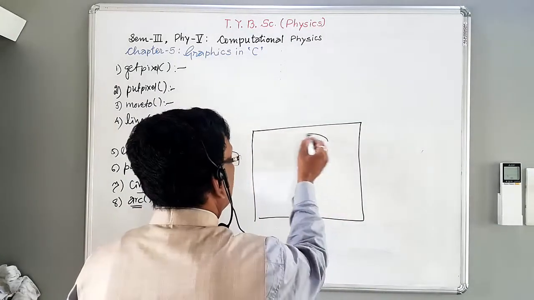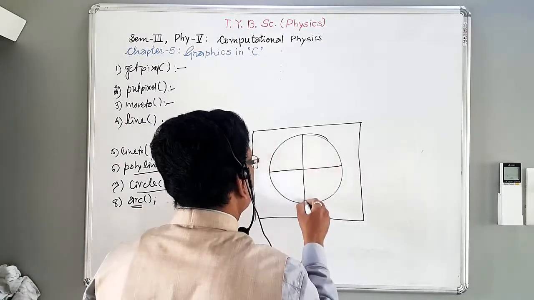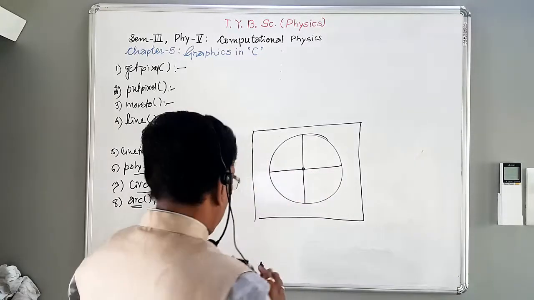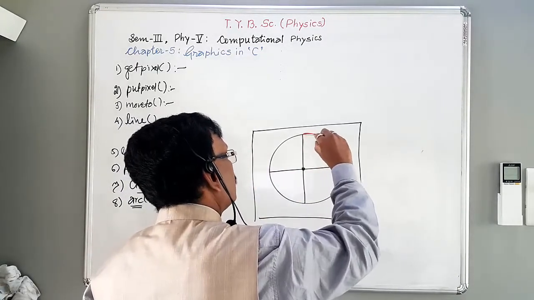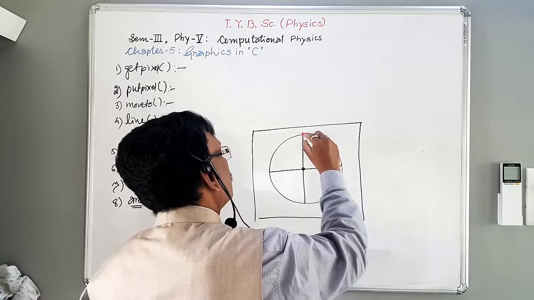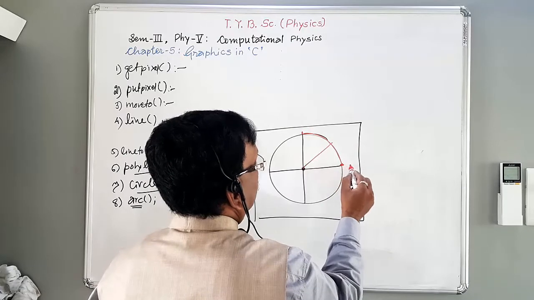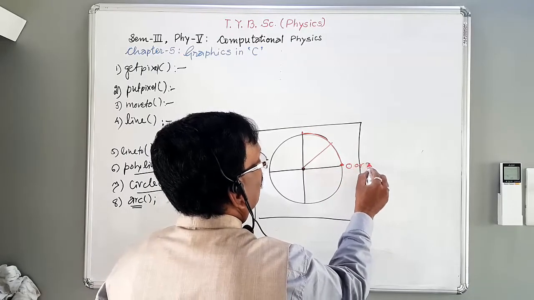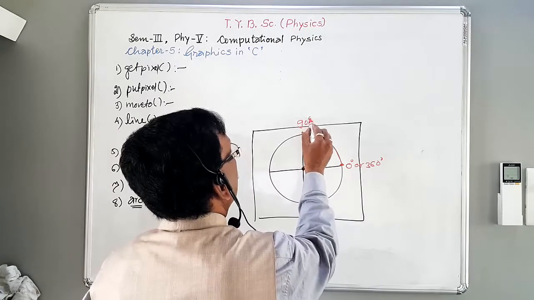Suppose this is a circle and we want to draw a circular arc. This arc starts from 0 or 360 degrees and ends at 90 degrees.